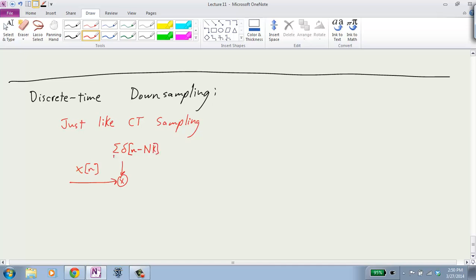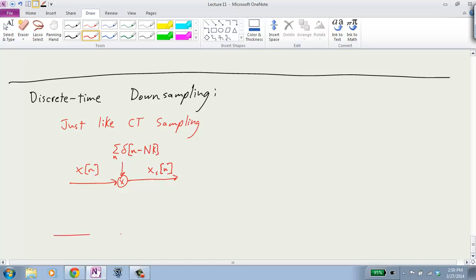Okay. So we're going to sample. So what is this going to return? This is our downsampled version of n. This means that if you have some sequence of numbers like this, okay, this is our x of n.